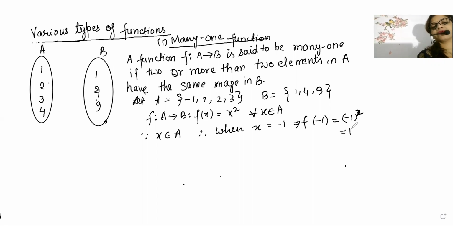Now take whatever element is there. I started in the domain with -1. The elements are -1, 1, 2, 3; 4 is not there. Whatever is present inside A, that we have to represent.